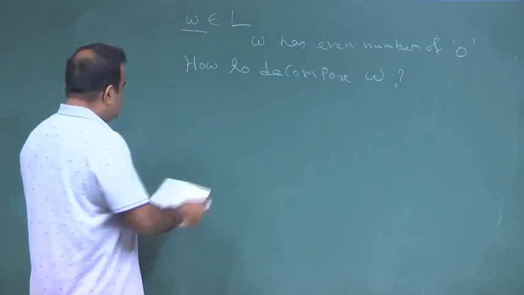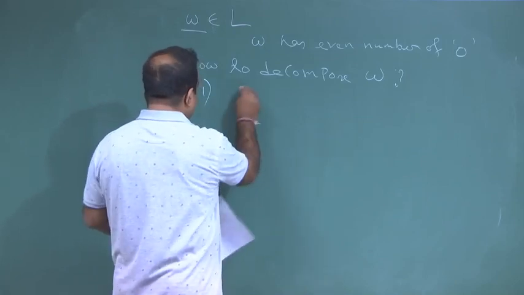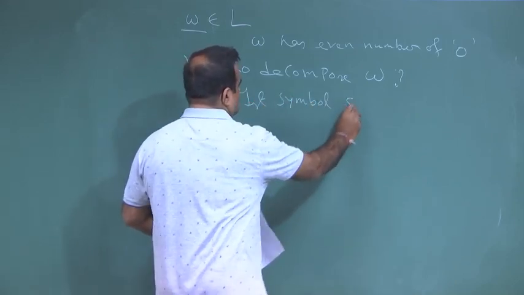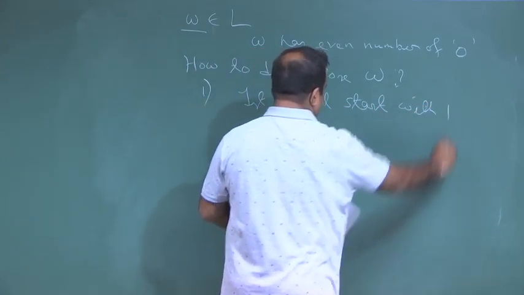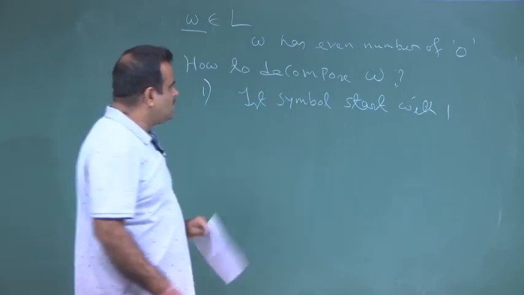One way is that the first symbol is 1, followed by an even number of zeros.